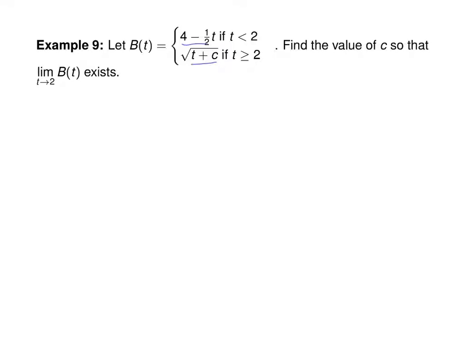So if the limit's going to exist, does it make sense that the limit as t goes to 2 minus of that weird function b of t has to equal the limit as t goes to 2 plus? Do you buy that? If it's going to exist, I said, okay, there's got to be a c so that it's going to exist. And if it's going to exist, that has to happen.